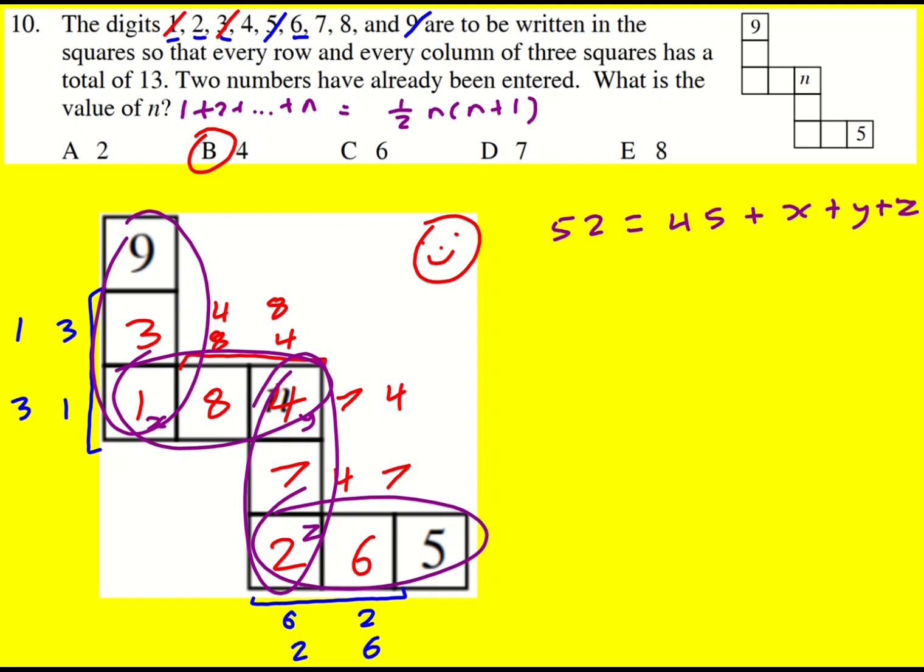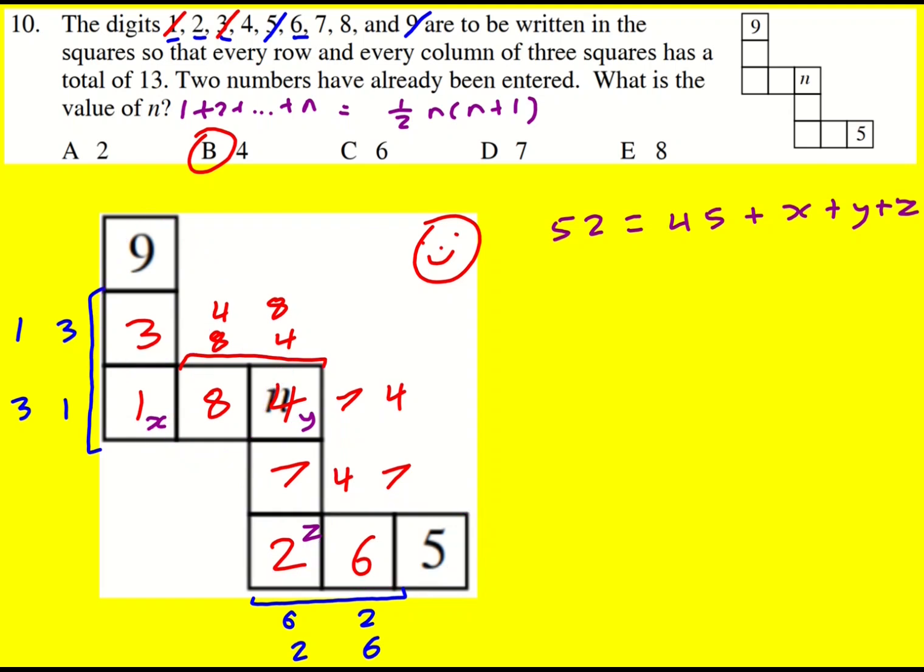We know that we must get 52. We know we must include every number, but we're including the x, y, and z twice. That's how I've got that little summation, which means x plus y plus z is equal to 7. This feels more involved than my original method, so I think I prefer the original, but this is more powerful and it shows that there are times it's definitely the best way.